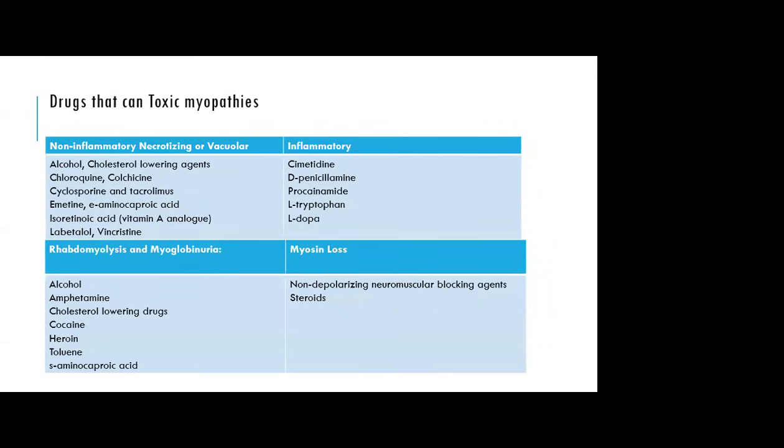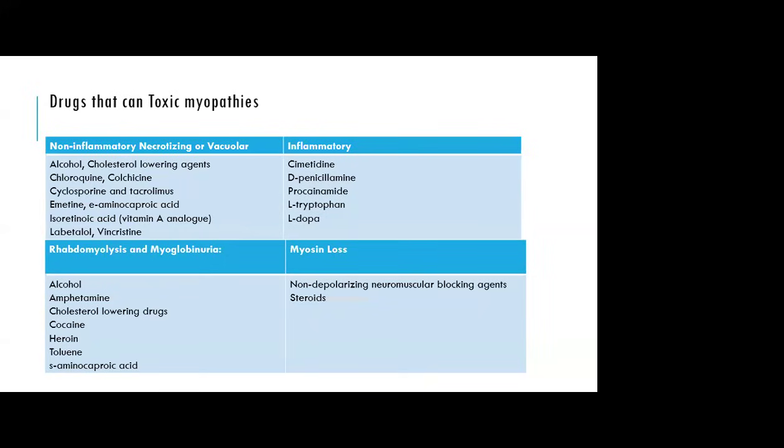Certain drugs cause toxic myopathies. We have non-inflammatory necrotizing or vacuolar pattern, rhabdomyolysis and myoglobinuria, inflammatory, and myosin loss. The non-inflammatory necrotizing pattern will be due to alcohol, cholesterol lowering agents like statins, then chloroquine, colchicine, cyclosporin and tacrolimus, emetine, then vitamin A analogs, labetalol, vincristine.